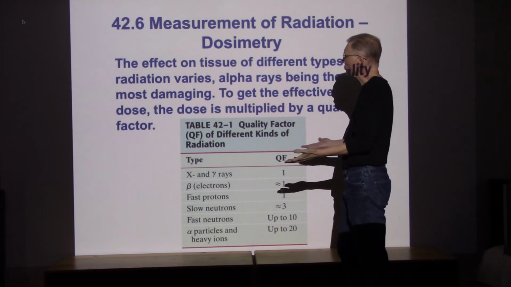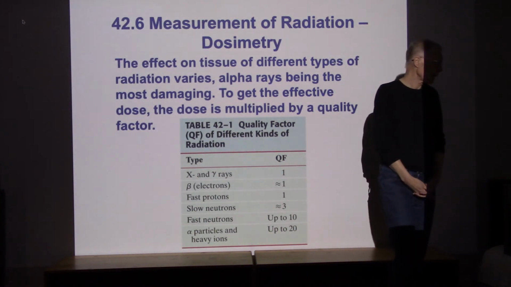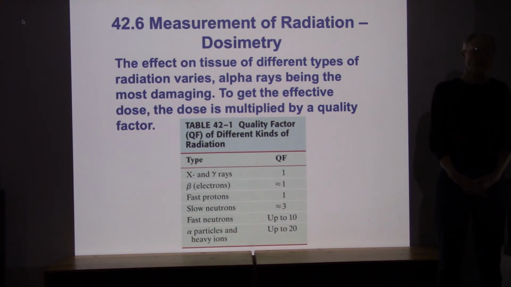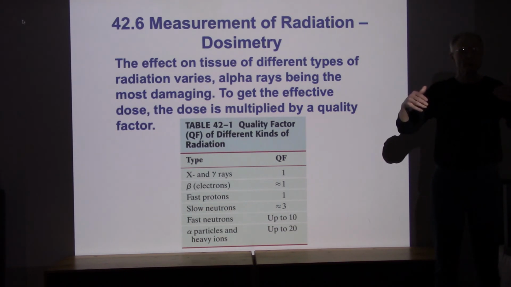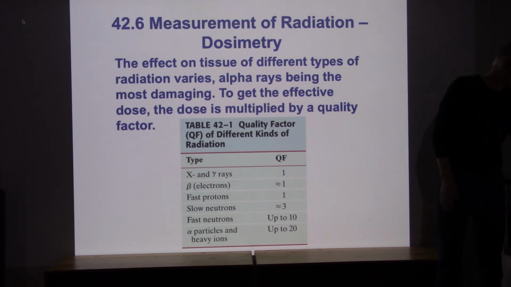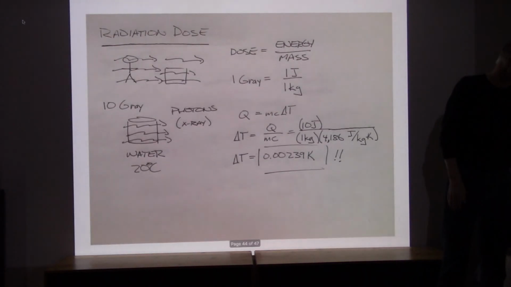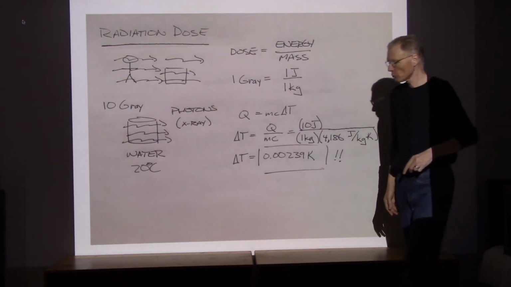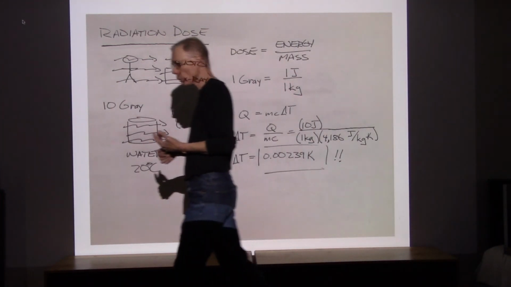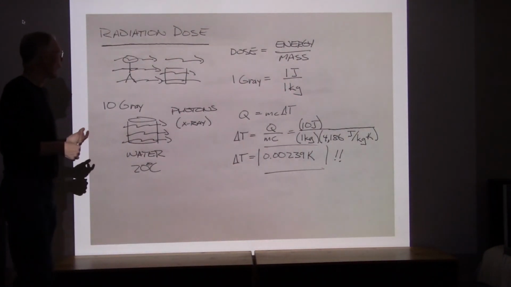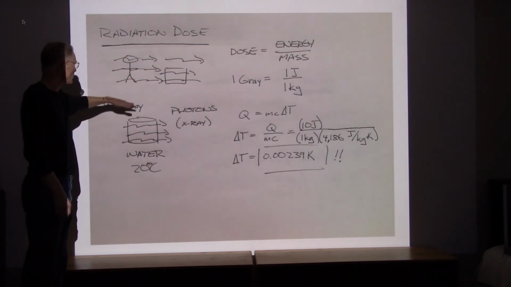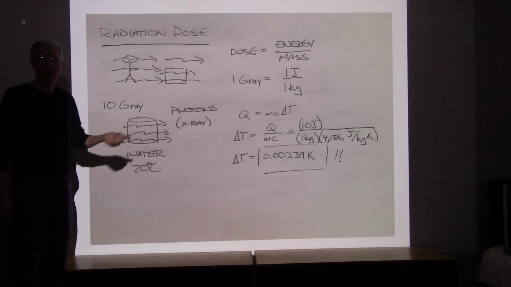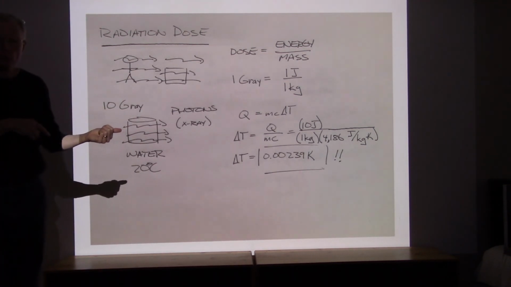Now, also in the chapter, I should point this out, there's a lot of units of radiation, and the chapter goes on and on with a long list of units. The only ones that we're going to be looking at, so this is a good example to understand: you want to know what radiation dose is, and you would want to know that, if something is exposed to some number of gray, how these units work.